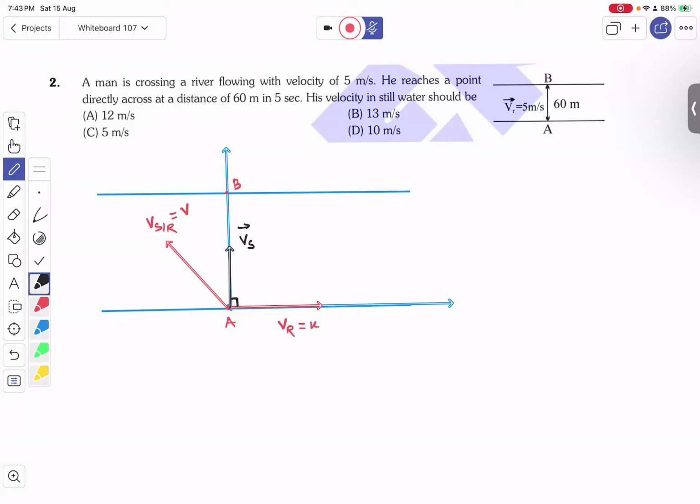So when we are having zero drift, the condition is that the velocity of the swimmer along the river flow, or maybe I call it x direction, will be zero.